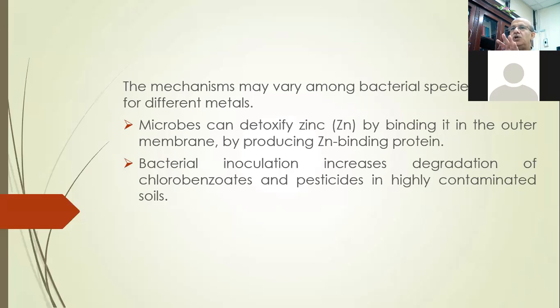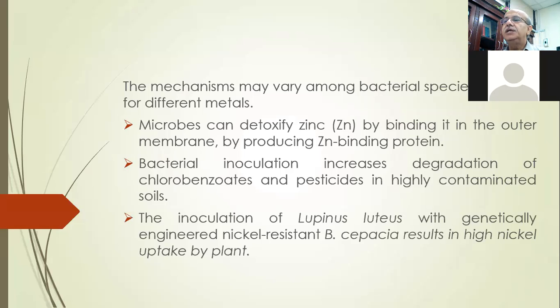But if you inoculate with suitable bacteria, those bacteria can degrade those toxic substances. As a result, those toxic substances will not be taken up by the plant, so they will not enter into the food chain.